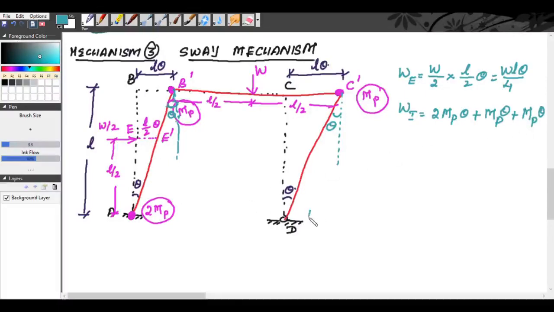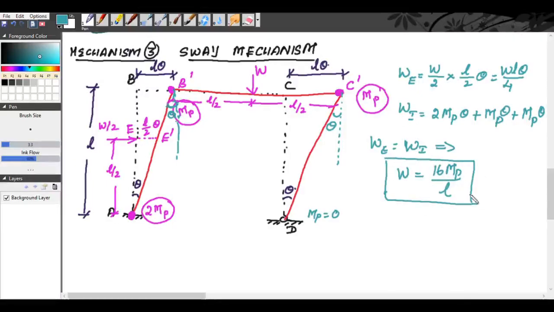At D, MP is equal to 0. Here there is no plastic hinge, only a mechanical hinge. Now the external work done is equal to internal work done. We get the collapse load W equal to 16 MP by L. So this is our collapse load as per mechanism 3.